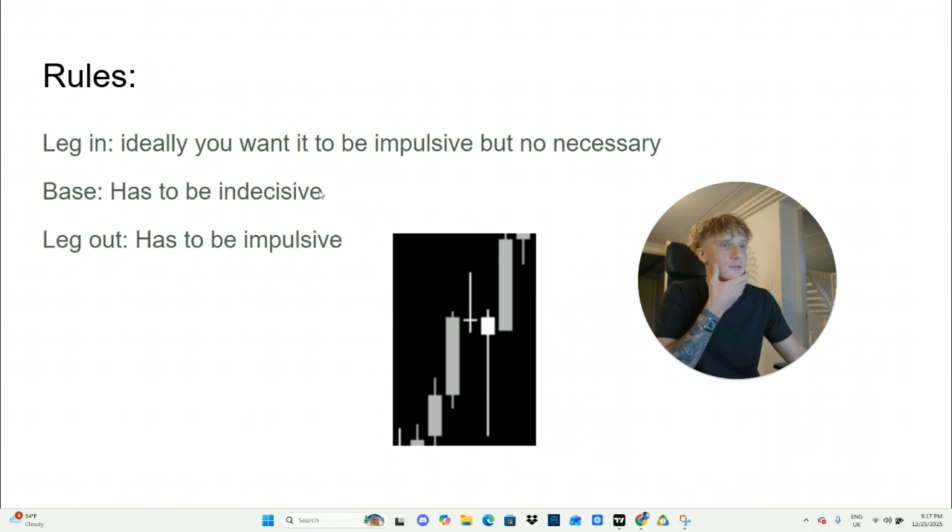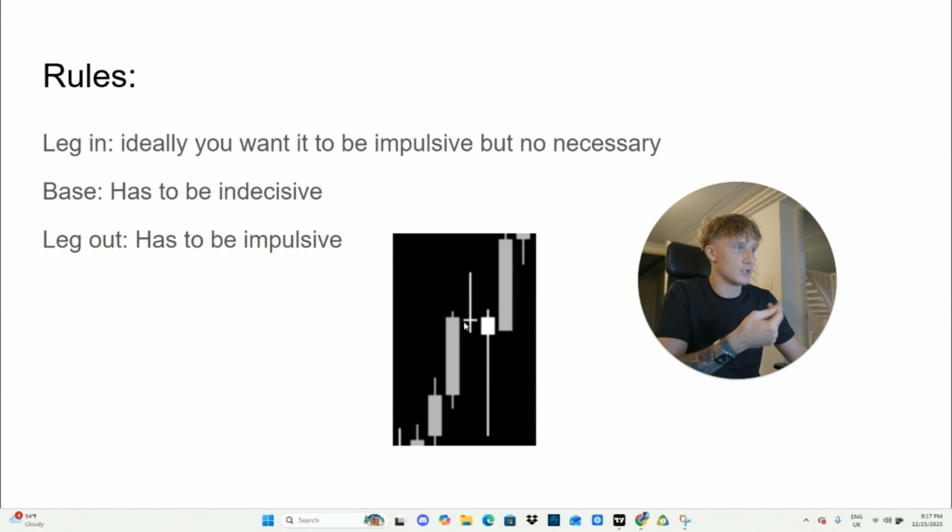So why is it really, really important that we see that the leg out is impulsive? This is the most important rule, because our whole logic, if you think back to what I explained, is that we would mark out a zone here, which I'll show you how to do. But our whole logic is that, cool, this is where an institution has initially entered the market.